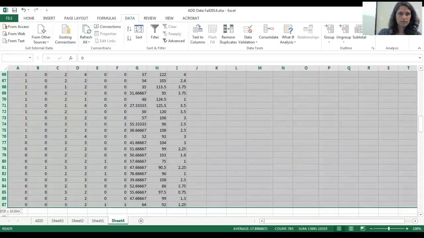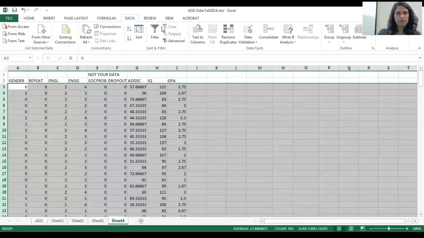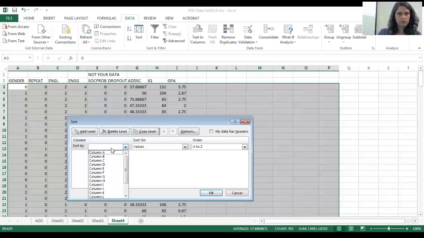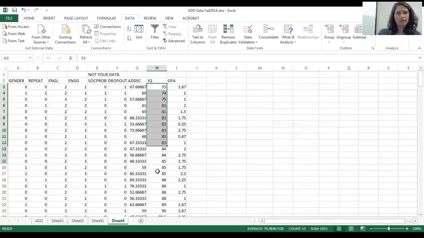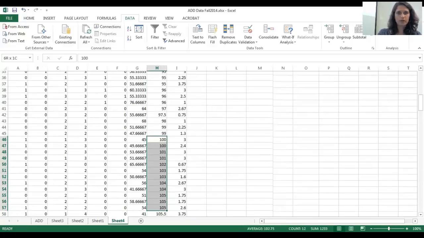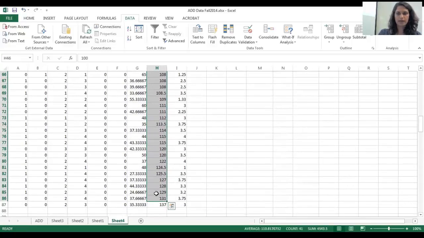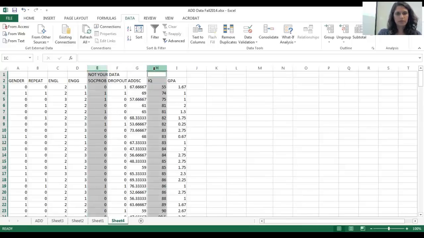I'm going to take these and sort by column H. All of these people here are considered the low IQ. All of these people here are considered the high IQ. That's above 100. So I'm just going to take, let's see, I wanted SocProb and IQ.